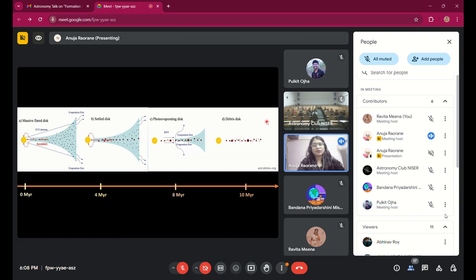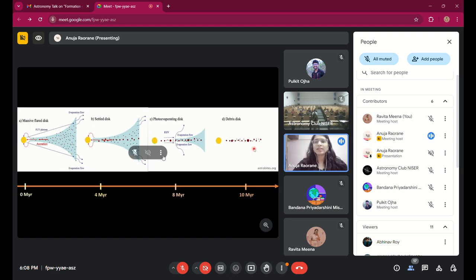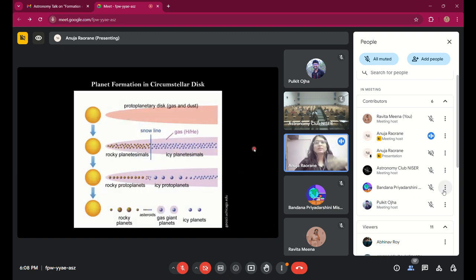All the gas diffuses by 10 million years, and we are left with a debris disk, the final evolution of this protoplanetary disk with planets. So by 10 million years, we had our planets and asteroids or comets in place. Moving ahead, how does planet formation occur in a circumstellar disk?